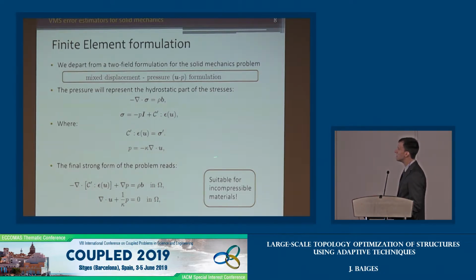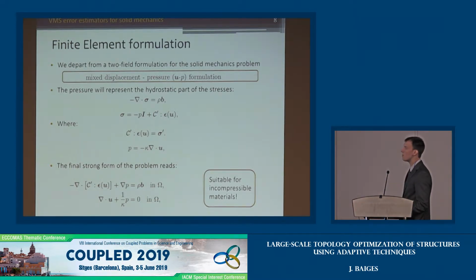Okay? This is the constitutive equation for the deviatoric part, and for the volumetric part, we have the constitutive equation for the pressure. So this is the final strong form of the problem, in which we have the momentum equation, which involves both the deviatoric part of the stresses and the gradient of the pressure, and then we have the constitutive equation for the pressure here.